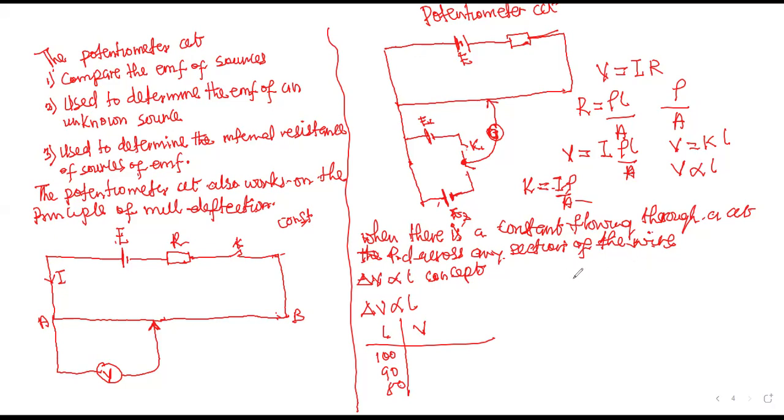Now the constant, you see, we had V is equal to K times L, where K is equal to I times rho over A. This is known as the potential gradient.